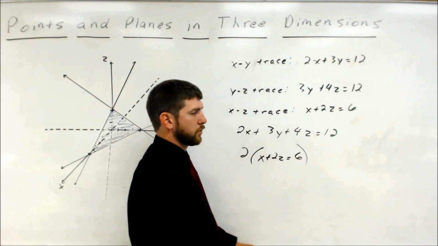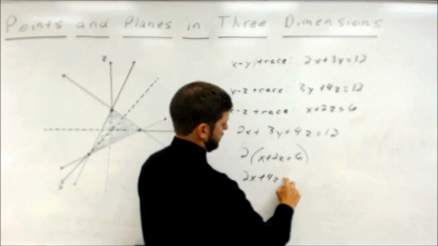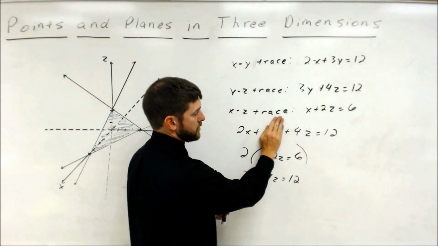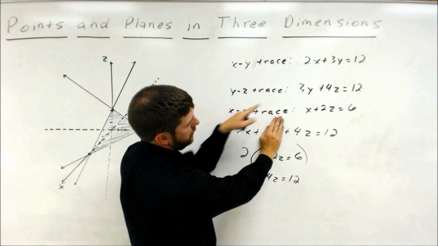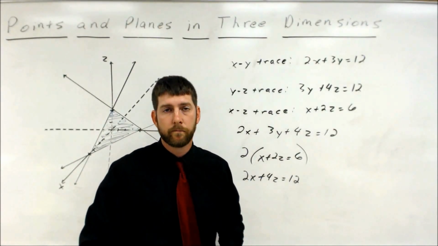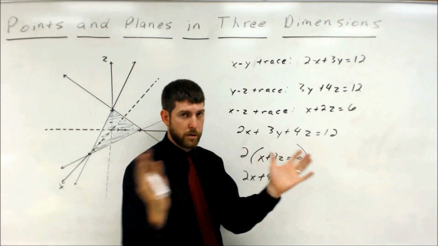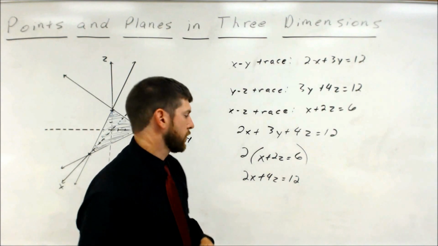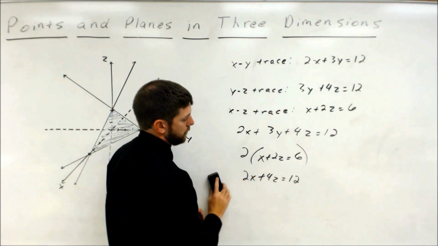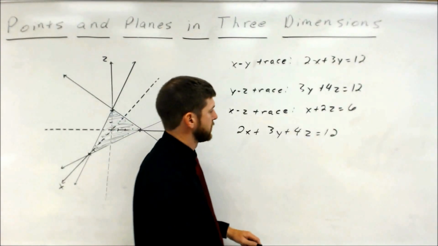If I make that line twice as long and get 2x plus 4z equals 12, that's just a line twice as long as this line. Well, if it's going to infinity, that's the same line. So if you take a line and multiply it by a scalar, just making it bigger or smaller, it's still a line. It's still going forever in both directions. So those are equivalent, and that will give you a quicker way to get your traces.